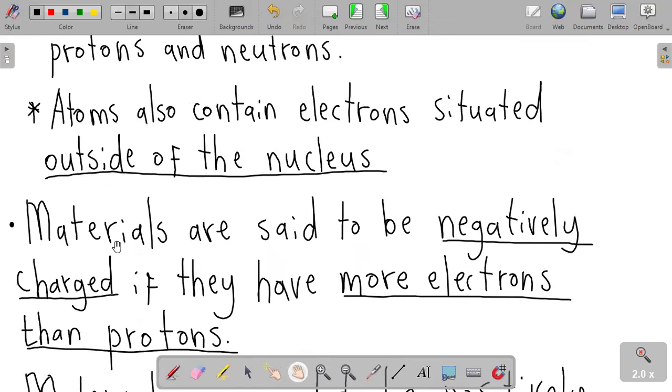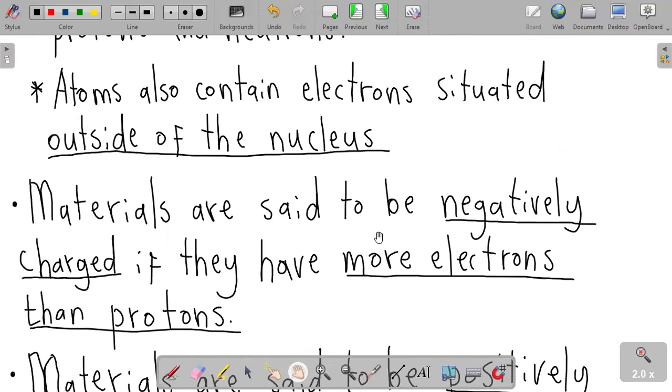Materials are said to be negatively charged if they have more electrons than protons. Or you can say if electrons are greater than protons, which are positive, then we say it is negatively charged.